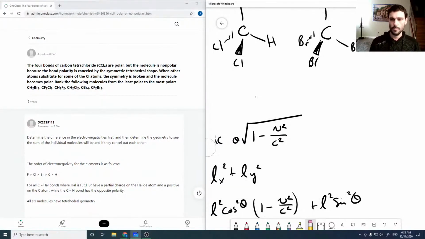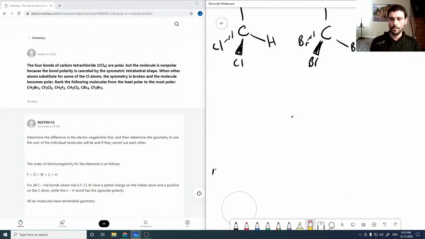And CF2... oops, should be Br2. Got carried away. All right, there you go.